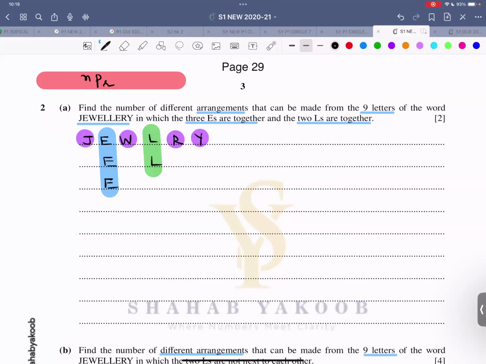Now, first of all, it says the 3 E's are together. So let me write the 3 E's together and let me draw a box around it.